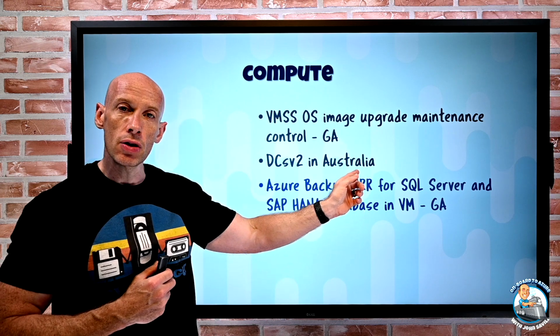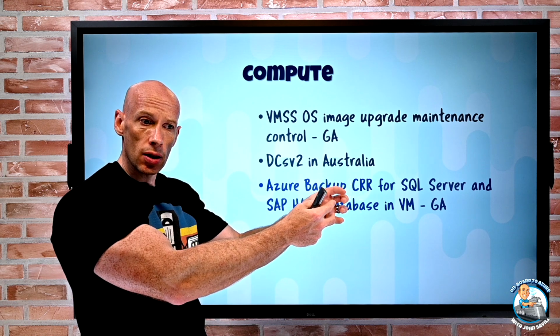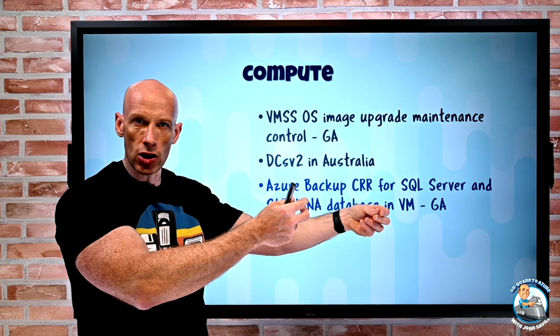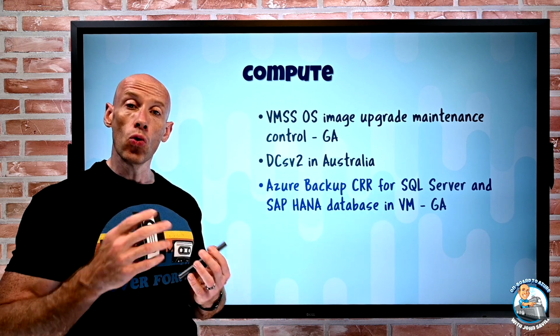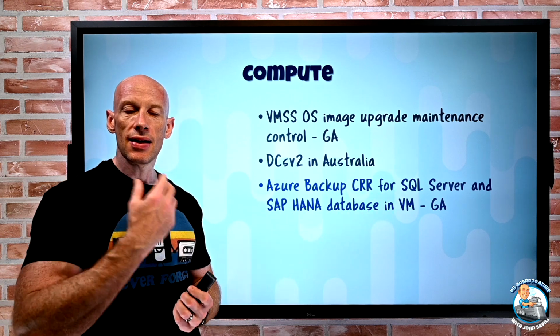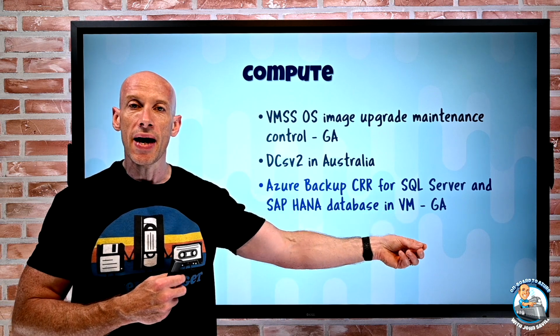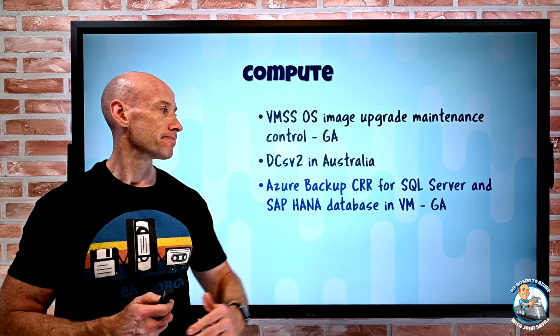What cross-region restore enables me to do is, on that replicated region, perform the restore into that paired region. It was always available for virtual machines. Now it's also available for my SQL Server and SAP HANA databases in VMs as well. So now I could restore them directly into the paired region from the replicated copy of the backup recovery vault.